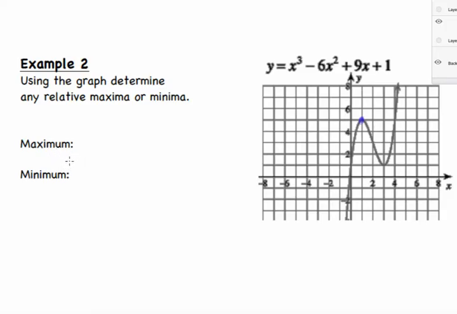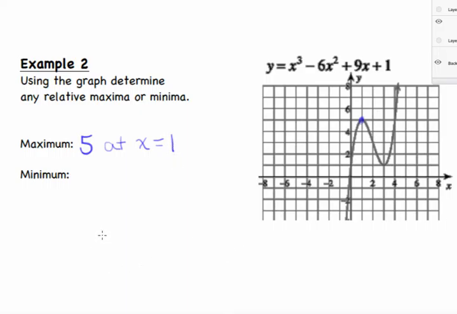So the height of that maximum is at 5. It has a y height or y value height of 5. And then I'm going to write where it's at with regards to the x-axis, and that is at an x coordinate equal to 1.